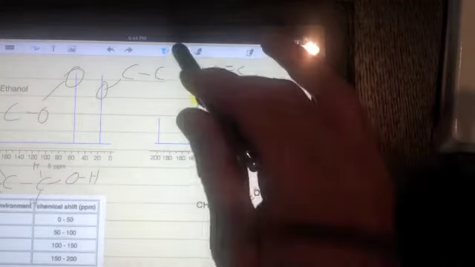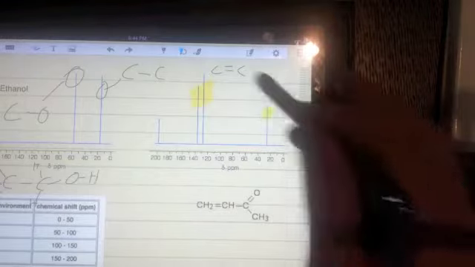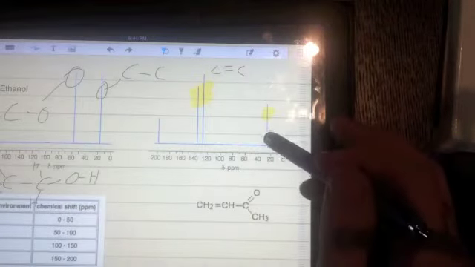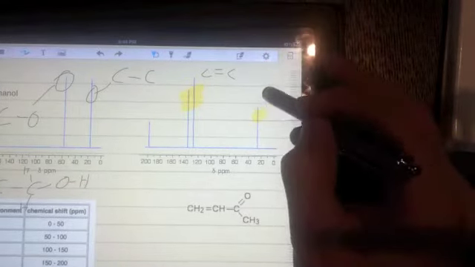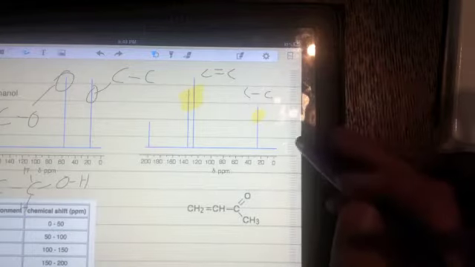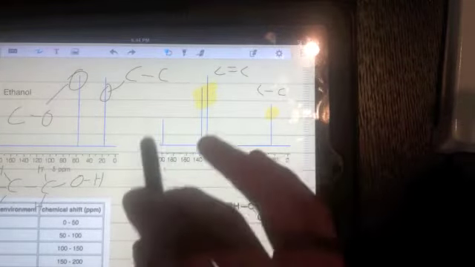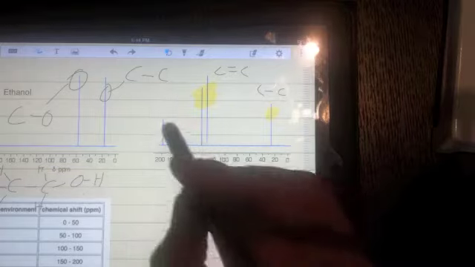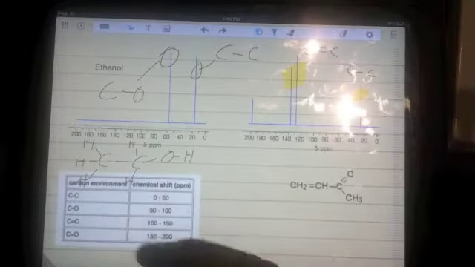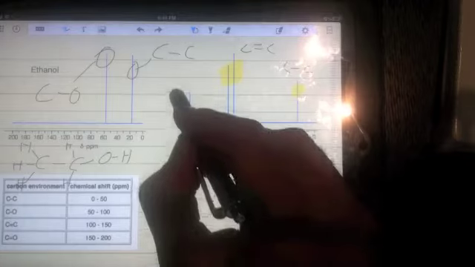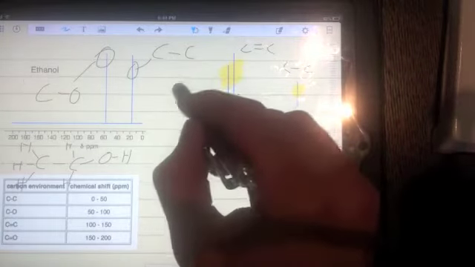One carbon down here, this guy here, because he is below 50, is just going to be a C bonded to another C. And up here, way up above 150, this must be, based on our summary table here, a C double bond to O.